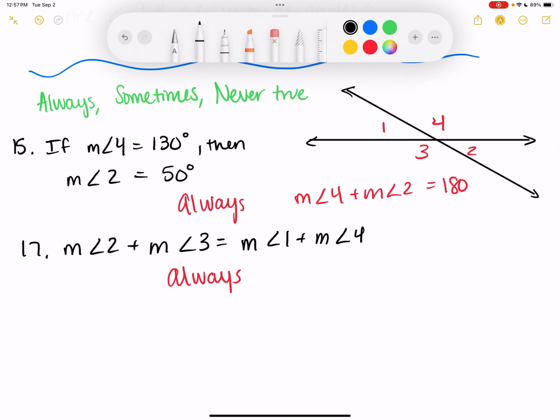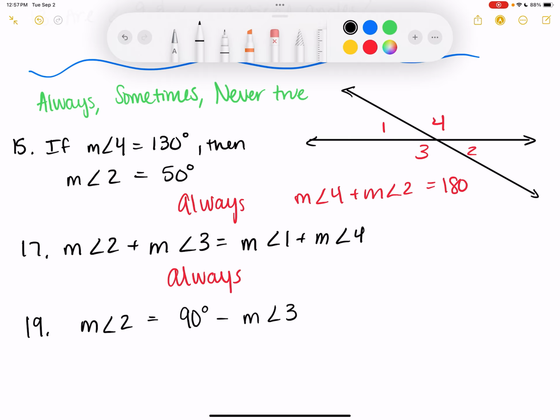19. The measure of angle 2 is equal to 90 degrees minus the measure of angle 3. So they're saying that this one should be 90 minus whatever this value is. Is that always, sometimes, or never true? Can you repeat the question? Yeah. So they're saying that angle 2 here should be equal to 90 minus whatever this angle is.